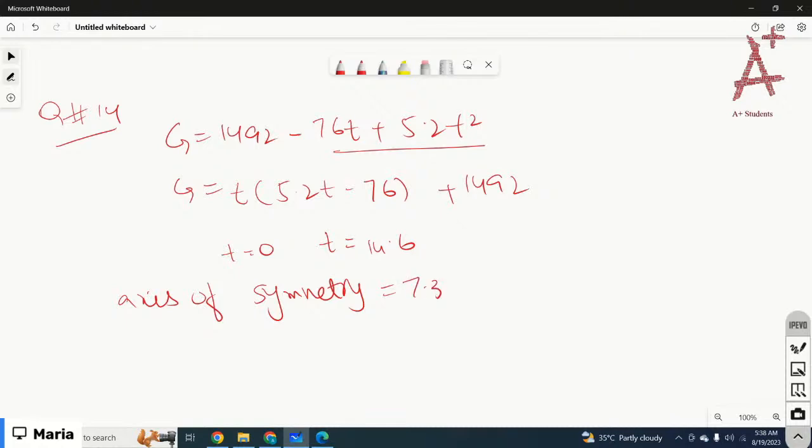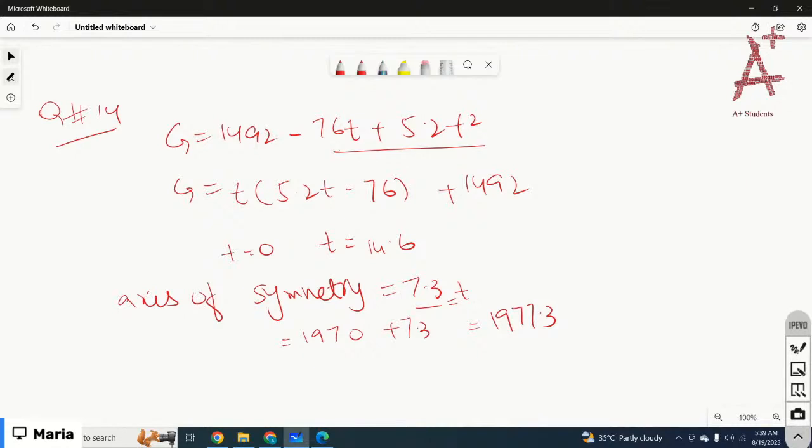So that means you have to add 1970 to 7.3, right? That means it is 1970 plus 7.3, so that is 1977.3. So the equation of the axis of symmetry is T equals 7.3.